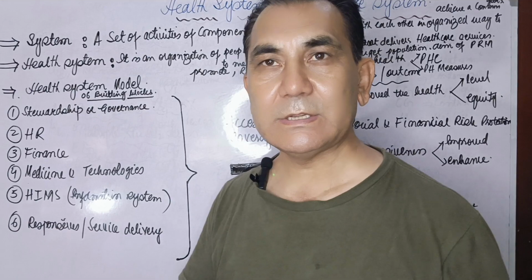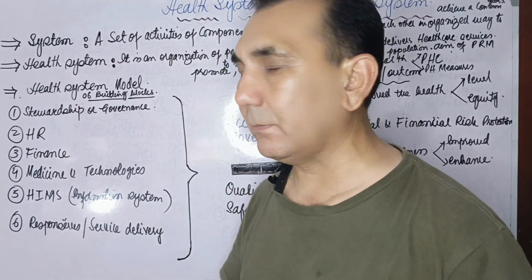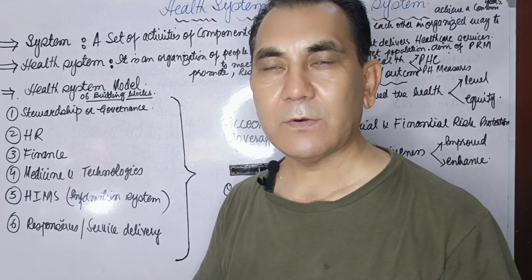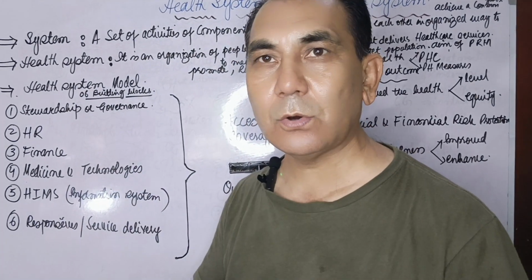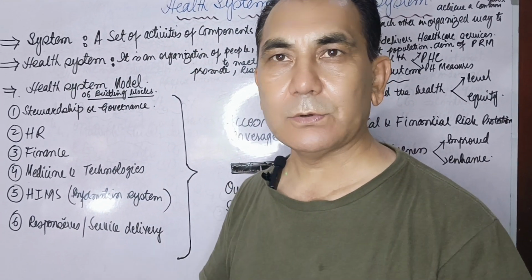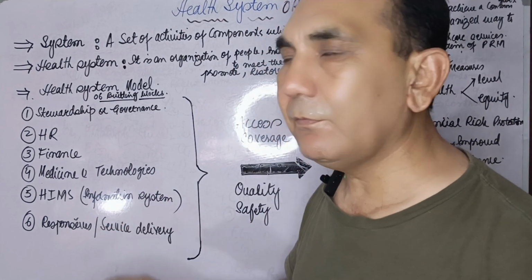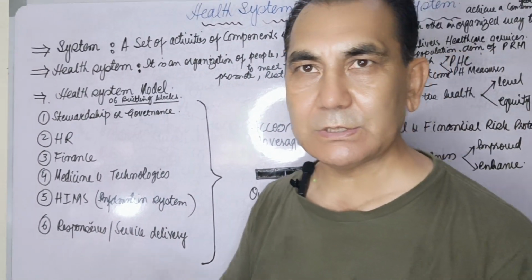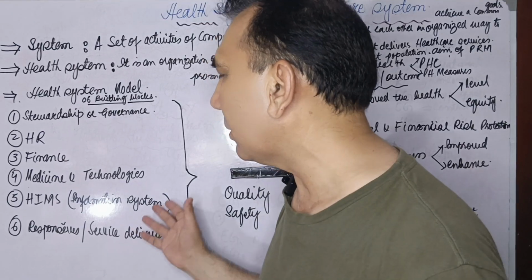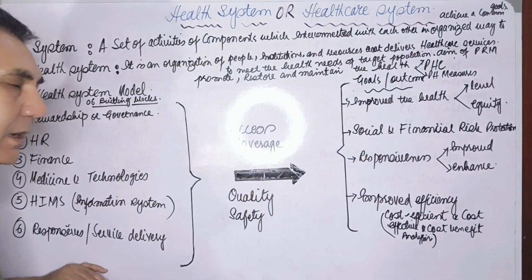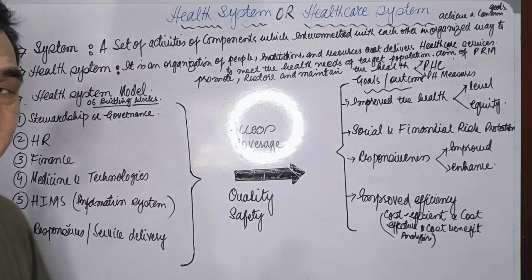The third is finance, the money resources, and the fourth is medicine, pharmacy, and the medical technologies used to run the healthcare system model. The fifth one is the HMIS, the data and information about the whole healthcare system, and the last is service delivery.